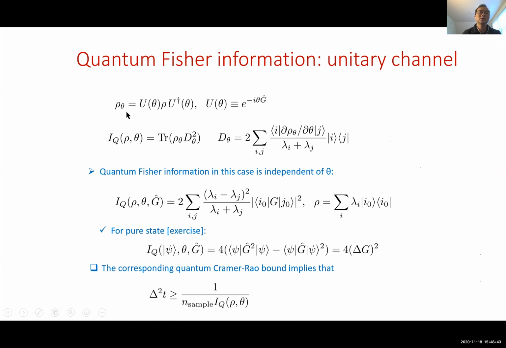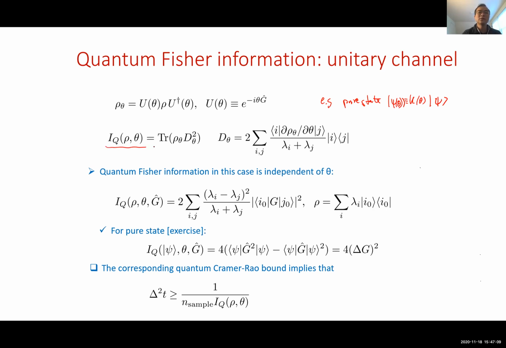Suppose the state evolves like this. If it's a pure state, you would evolve from psi, acting with this unitary. Let me define this as phi theta, psi theta. Okay.